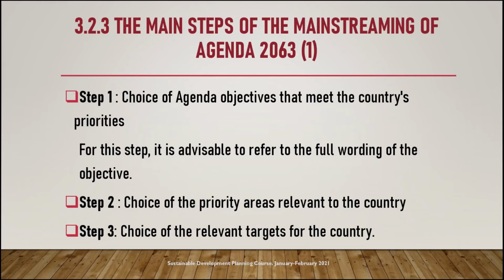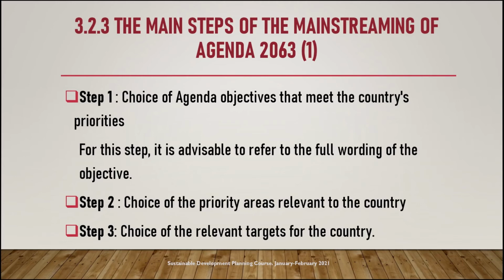So based on what I've just said, we can make some generalization of the steps that are needed to mainstream, to domesticate the Agenda 2063 into the national programmatic document. The first step is the choice of the objective of the agenda that meets the country's priorities. For this step, it's advisable to refer to the full wording of the objective.